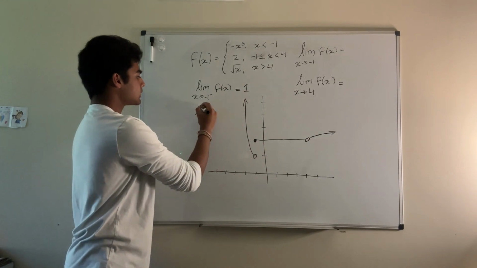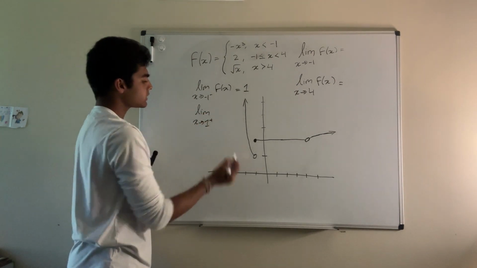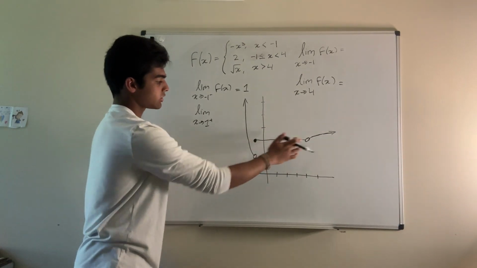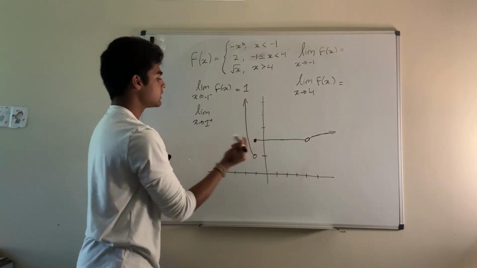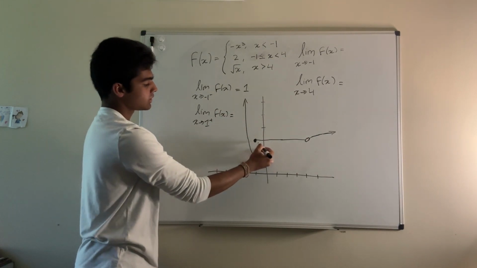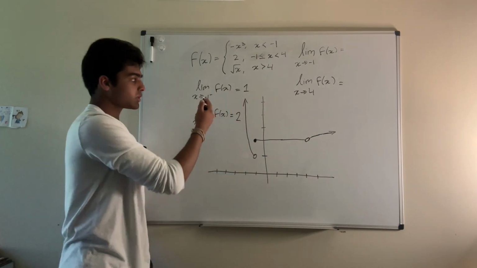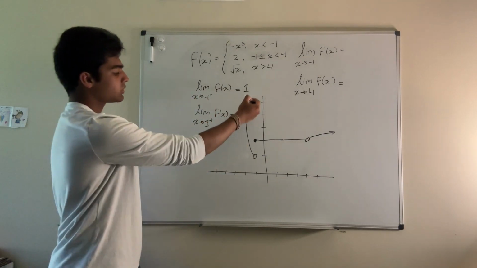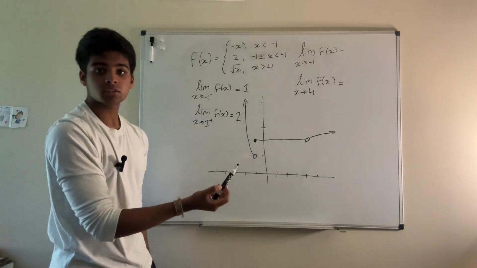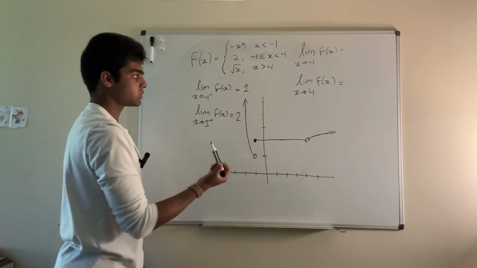And we can see that the limit as x approaches negative 1 from the positive side, we have to look at this line right here, and we can see that this seems to be 2. So as we approach negative 1 from the negative side, we look at the x cubed function, and that approaches 1. And from the positive side, we look at the straight line of 2, and that approaches 2.